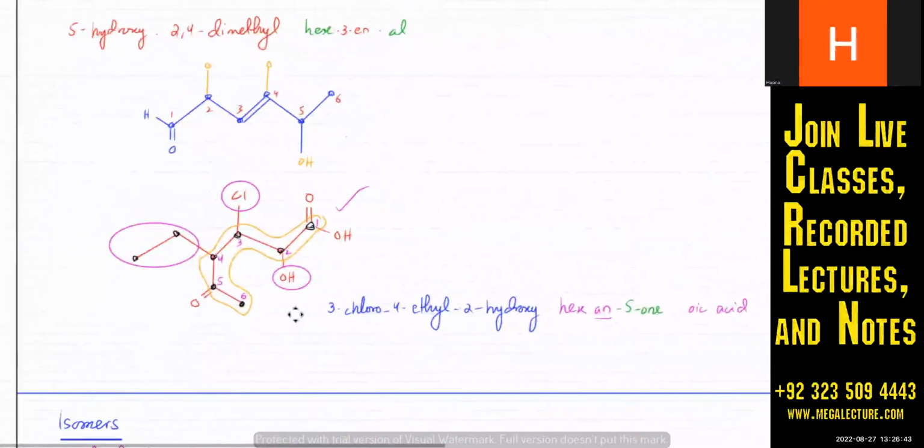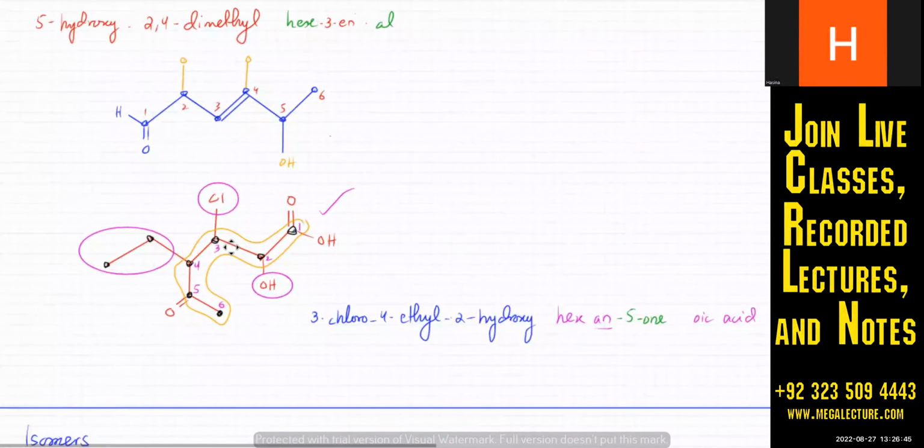So similarly, we tried doing this one. Let's do this one. This one was done. So the longest chain, it's 1, 2, 3, 4, 5, and 6. So 6 is hex.